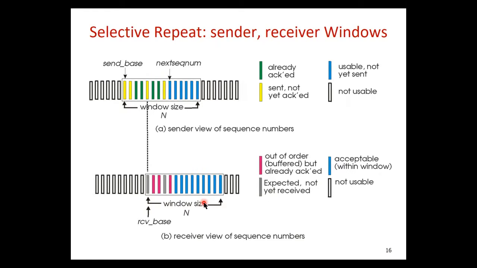Now a quick question for you. Let's say that the receiver is in this state. We have the receiver window which looks like this, and the receiver receives packet 9. What's going to happen to the receiving window? Who thinks it's going to slide? Well, why doesn't it slide?